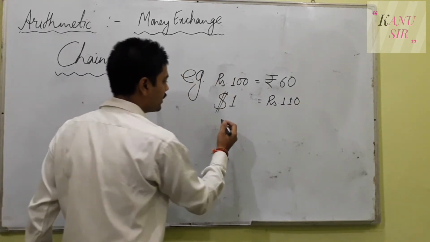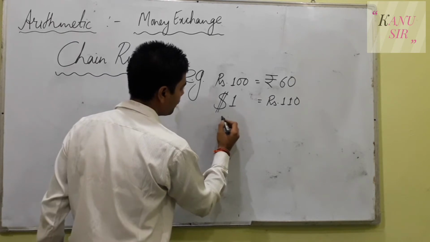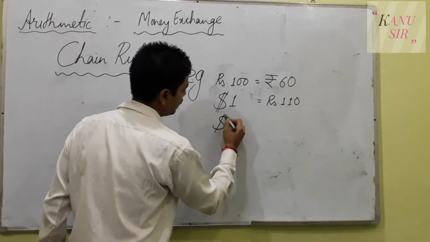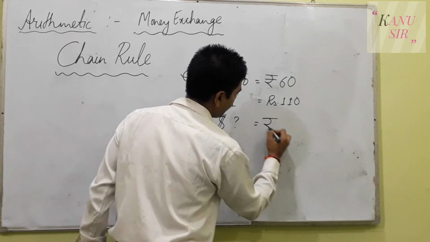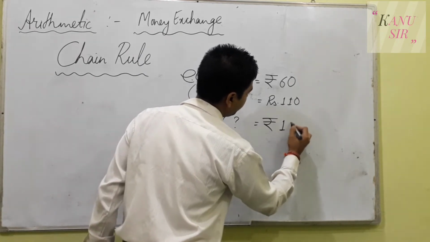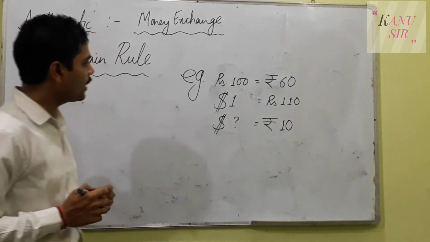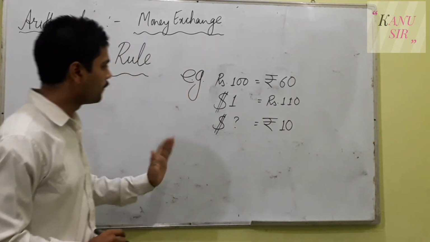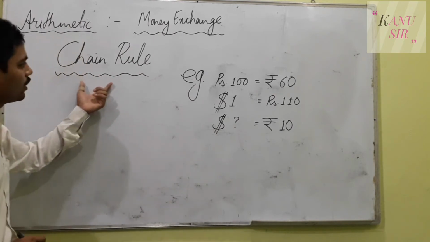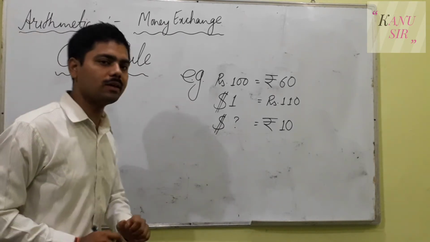Then the next question is how many dollars are equal to Indian currency 10? In this condition you can still follow the unitary method, but by using the chain rule you can get it in a much easier way.